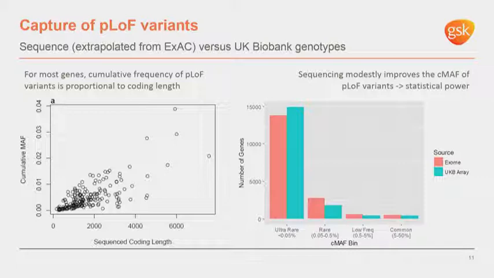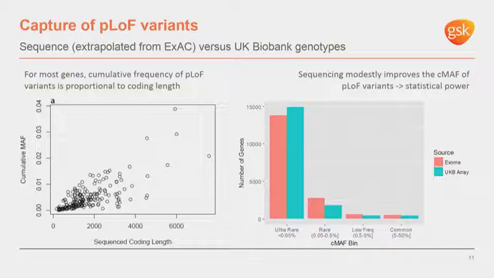When we did a head-to-head comparison of the cumulative minor allele frequency that we could capture from the UK Biobank array imputed genotype versus the exome data, we extrapolated from the Exome Aggregation Consortium that Daniel MacArthur, who's here, has spearheaded. We find that, again here for the very common, for genes that achieve a very common frequency of this loss of function, there's not much differentiated in them.